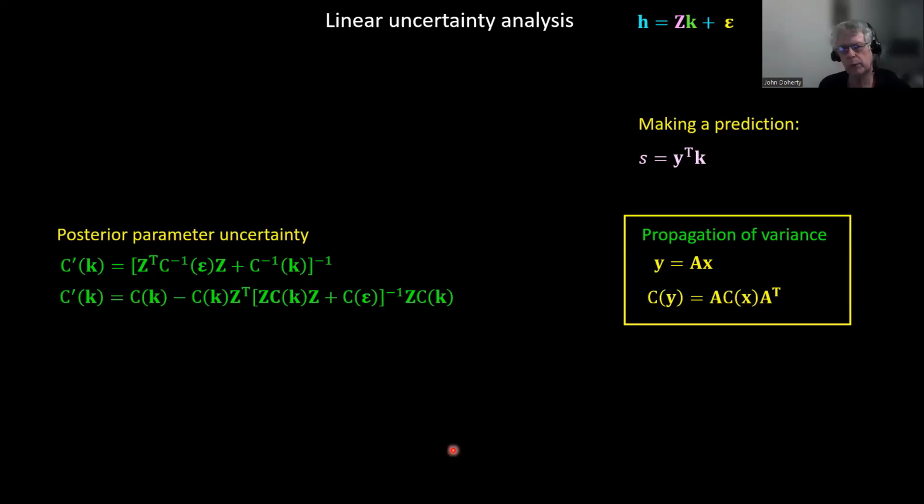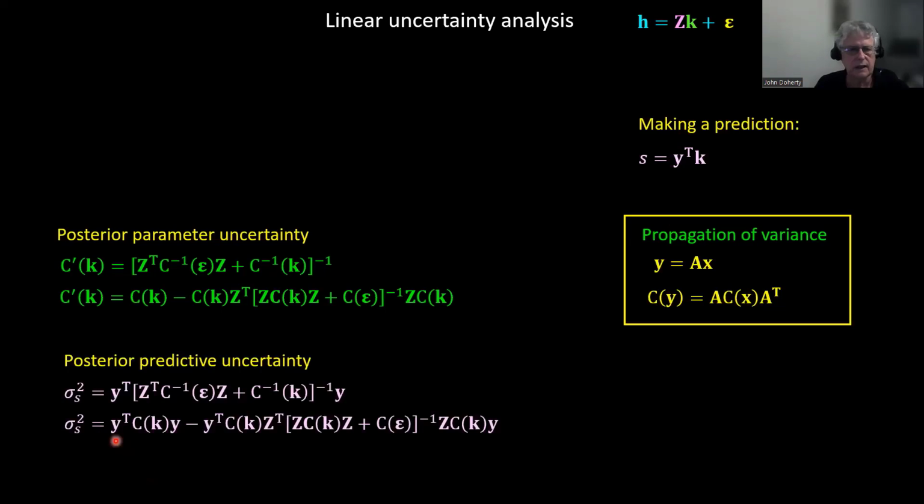Our old friend, propagation of variance, we need again. So let's apply that formula to that equation. And here I have two pink equations which express the posterior uncertainty of a prediction that I'm going to make. These are just two equations which say the same thing.